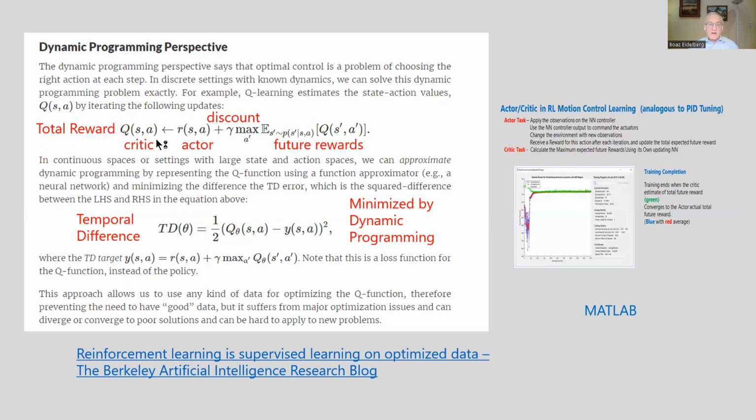On the left-hand side, we have the critic estimate of the total reward. This is the green function. And on the right-hand side, we have the reward of the actor that we just got out of this iteration, plus the future reward, which will come in after the iteration which is completed.